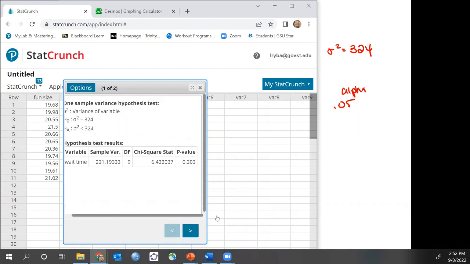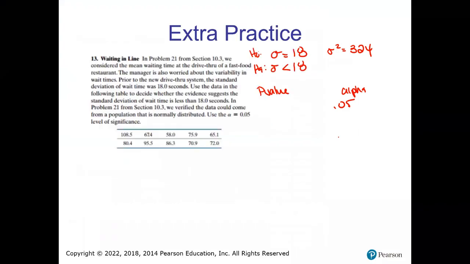And then I can look at my p-value. My p-value here is 0.303. 0.3 is clearly bigger than 0.05. So when p is greater than alpha, we do not reject the null.